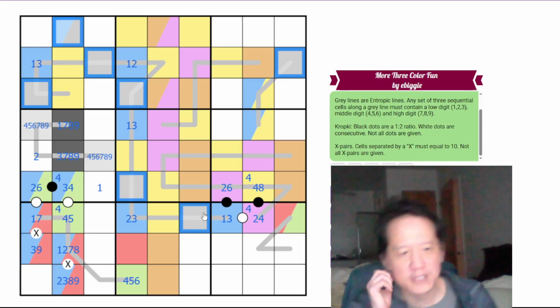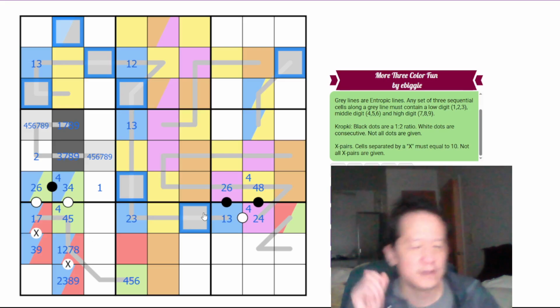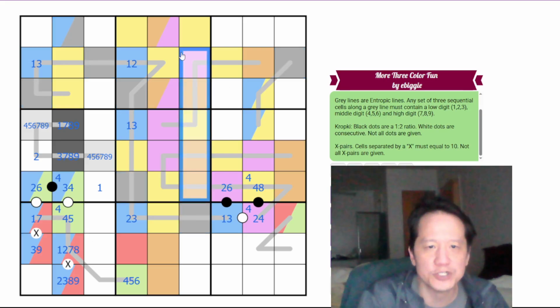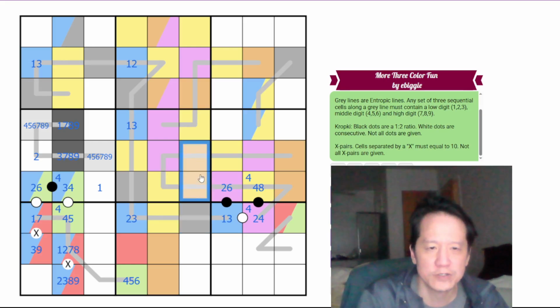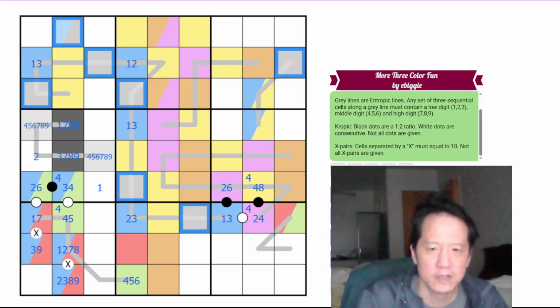Okay, that was the key part that I was missing then. We had 3 oranges in column 6, which meant that this medium gray cannot be orange. That means the medium gray has to be pink. So therefore, these are all pink.